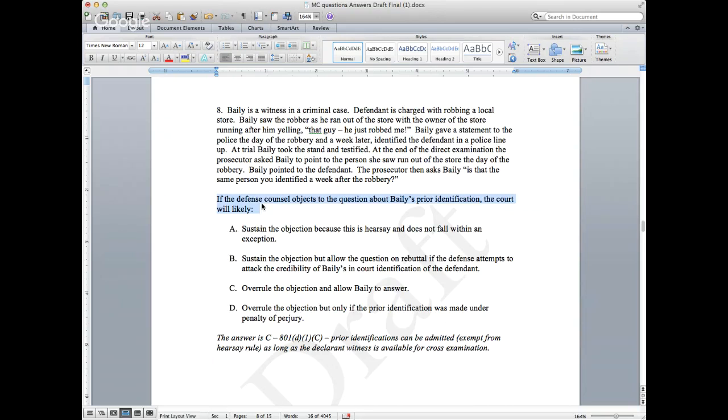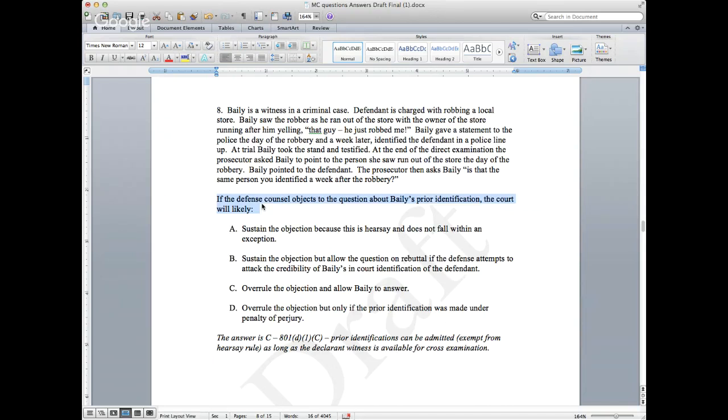At trial, Bailey took the stand and testified. At the end of direct examination, the prosecutor asked Bailey to point out the person he saw run from the store the day of the robbery. Bailey pointed out the defendant. The prosecutor then asked Bailey, "Is it the same person you identified a week after the robbery?" Defense counsel objects.